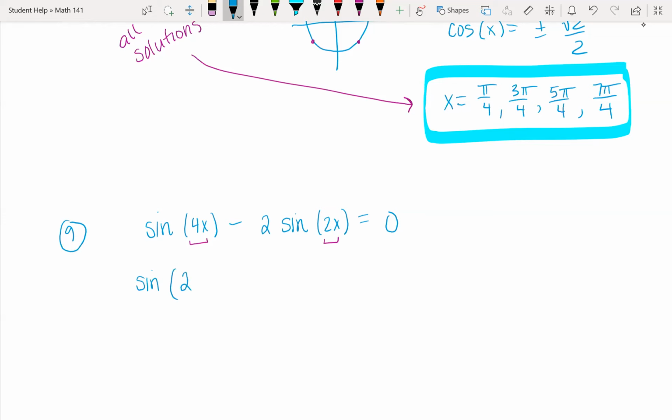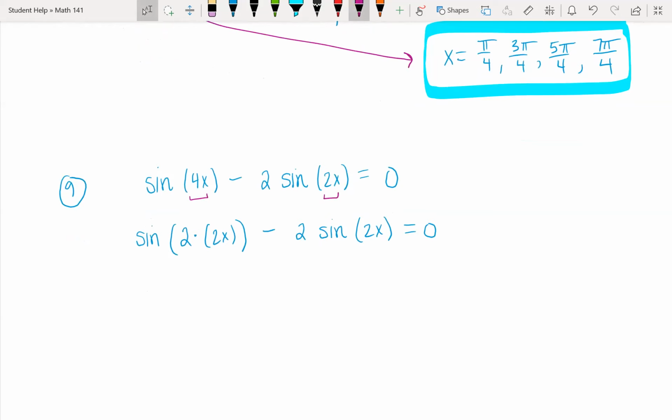I'm going to put it as 2 times 2x. So then I can think of this as a double angle, right? The angle is here, and then this is right here, this is doubling it, right? So using the double angle formula, I have 2 sine of 2x times cosine of 2x. This all came from here.